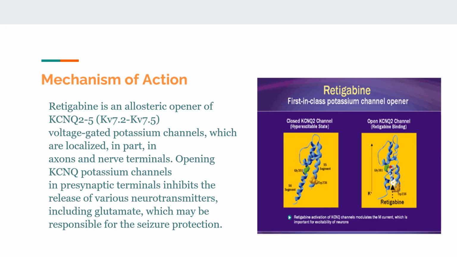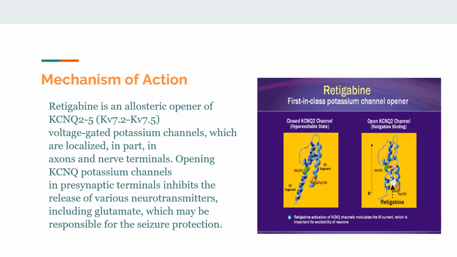Mechanism of action. So retigabine is an allosteric opener of KCNQ2-5 voltage-gated potassium channels which are localized in part in axons and nerve terminals. Opening KCNQ potassium channels in presynaptic terminals inhibits the release of various neurotransmitters, including glutamate, which may be responsible for the seizure protection.